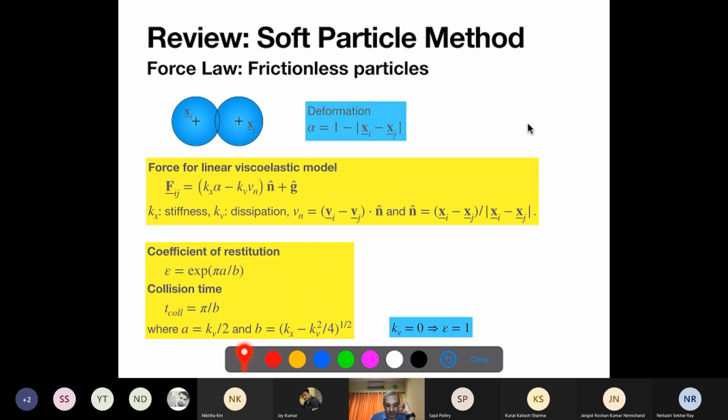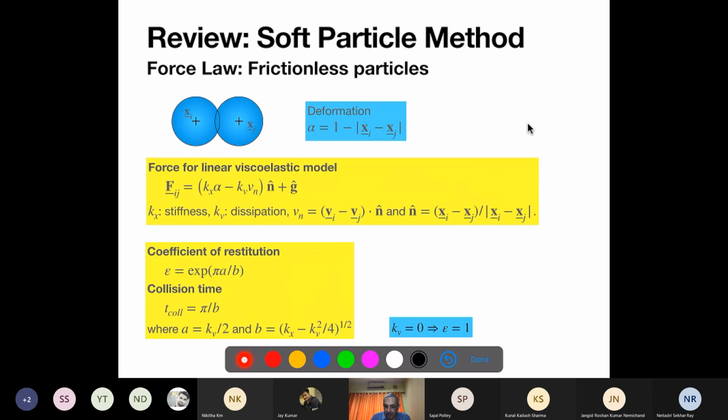And for this case, the force is just given by two terms. This is the spring force, and then this is the viscous dissipation. And kx and kv are two constants. Vn is the relative normal velocity, and n is a unit vector that is along the line joining the centers of the particles. So this is xi minus xj divided by the magnitude of the vector. That's why it becomes a unit vector. So this is the simple force model.